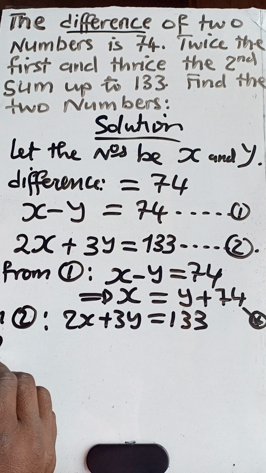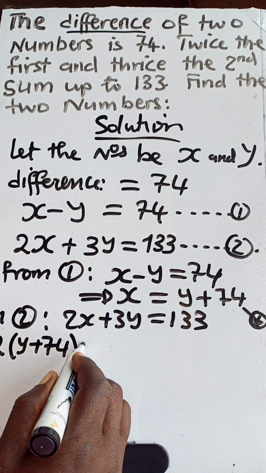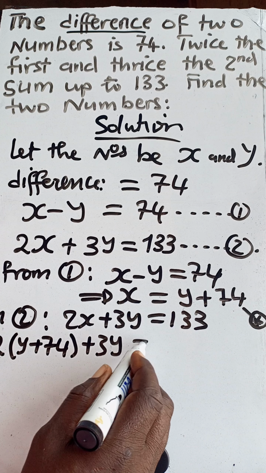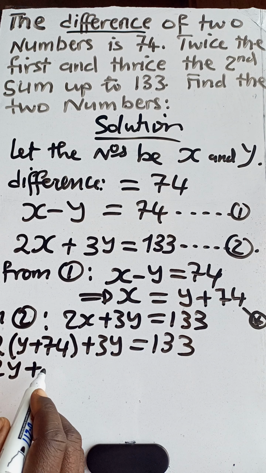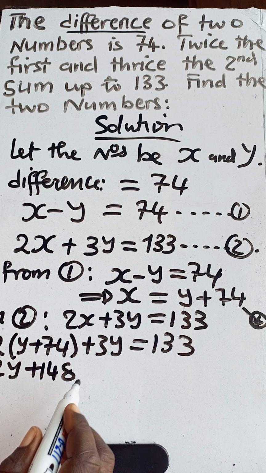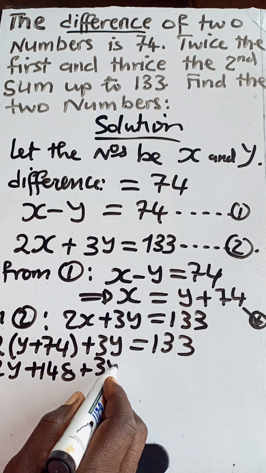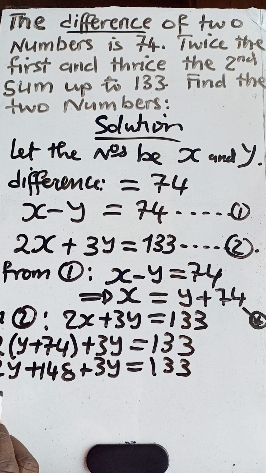So we have 2 into y plus 74 plus 3y is equal to 133. Open out this bracket. 2 multiplied by y is 2y. 2 multiplied by 74 is 148, plus 3y is equal to 133.